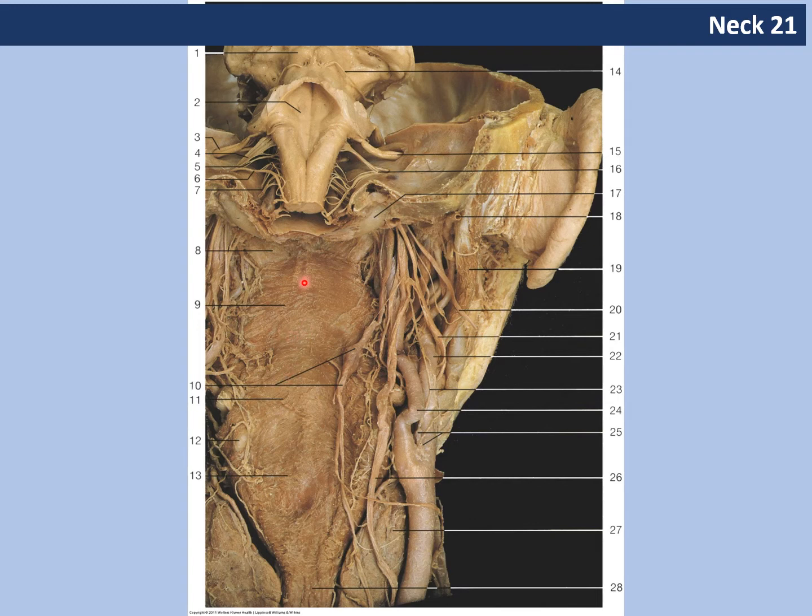And so those can also serve as ways to distinguish between those two muscles. The superior cervical ganglia, again, is shown here. And then here's the inferior constrictor with the cricopharyngeus part, and the esophagus inferior to that.